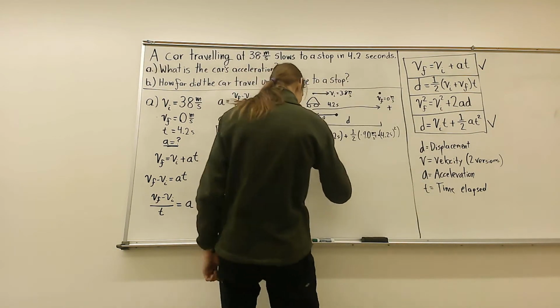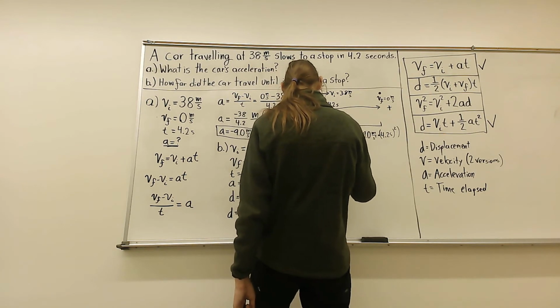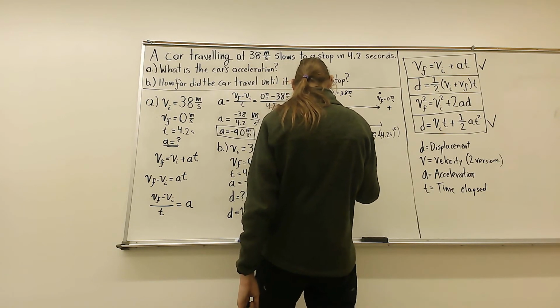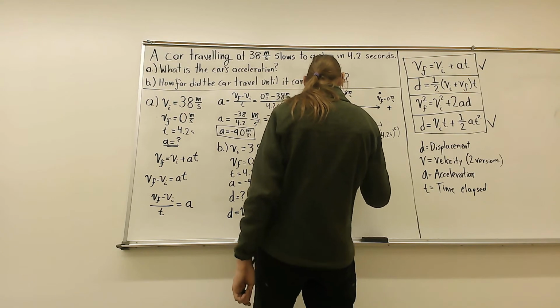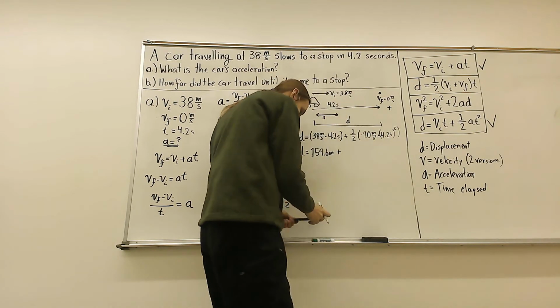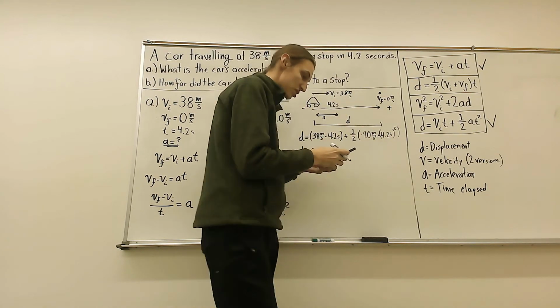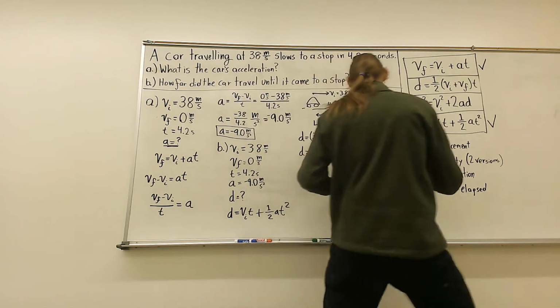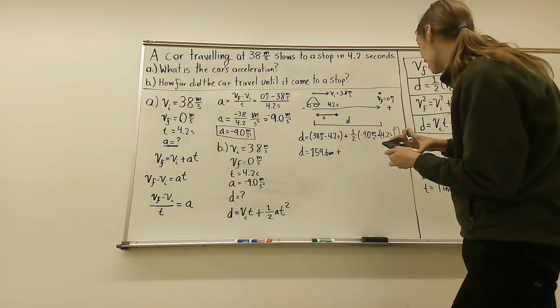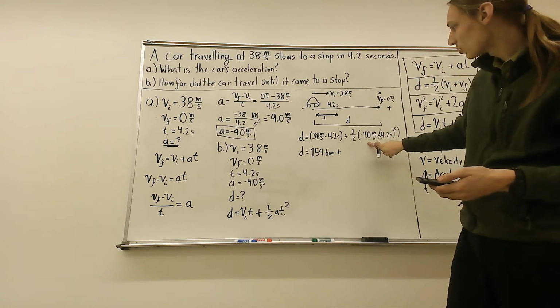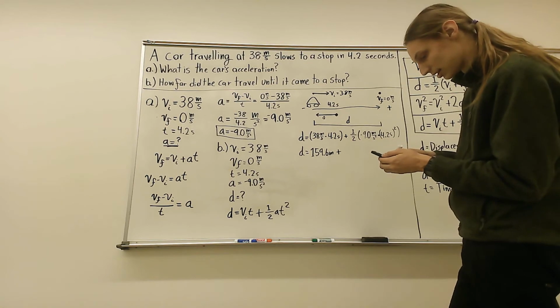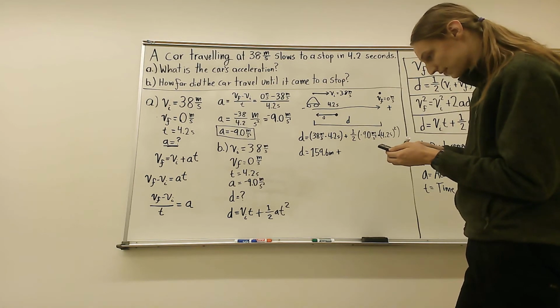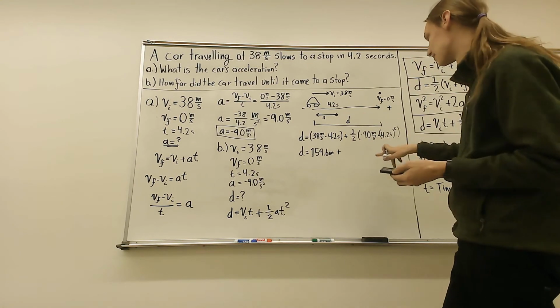So 159.6 meters plus, now let's evaluate this. First thing, let's square 4.2, so that's 4.2 times 4.2. That gives us 17.6. We're then going to multiply that by negative 9, which gives us negative 158.